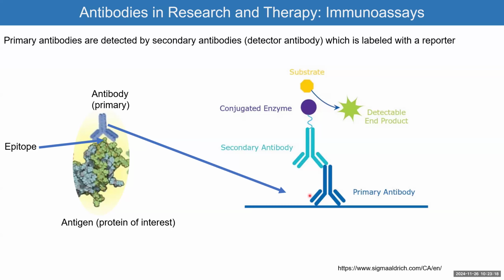Then we can detect that primary antibody with another antibody that is conjugated with whatever type of labeling. In this slide, it is an enzyme that converts a substrate to a detectable end product. In all these techniques, we will use the same method to detect those enzyme antibodies.